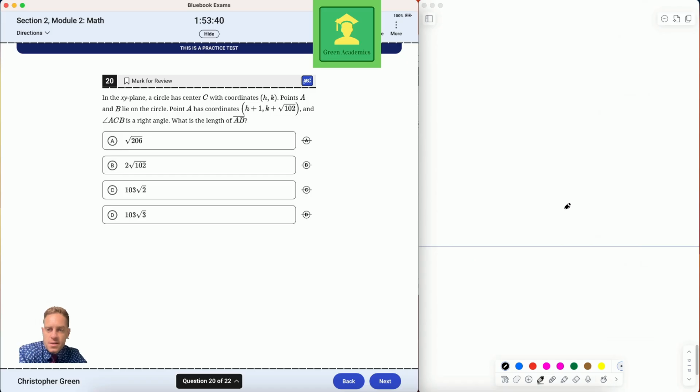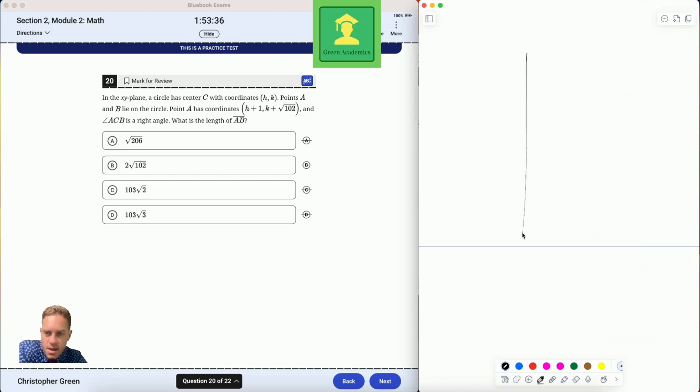In the xy plane, a circle with center C with coordinates h, k, point A and B lie on the circle. A has coordinates h plus 1, k plus root 102, and ACB is a right angle. Okay, this is an advanced question. I'm going to draw this in quadrant 1 entirely for the sake of simplicity.